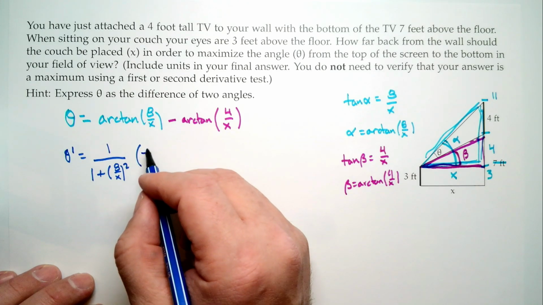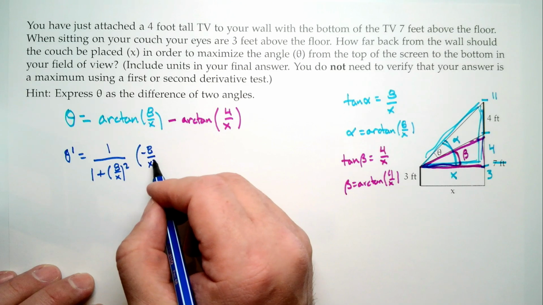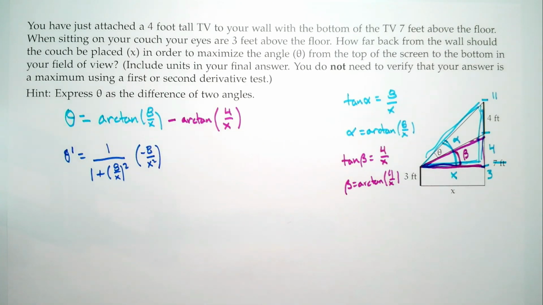It'll be negative 8 over x squared. Because you can think of the 1 over x as being x to the negative 1 power. So if you have x to the negative 1 power, you bring the power down. That's where the minus comes from. Subtract 1 from your power, it becomes x to the minus 2. Yes? All right, good.